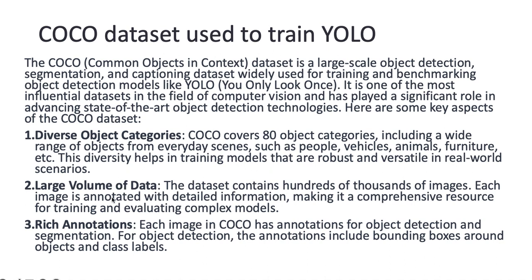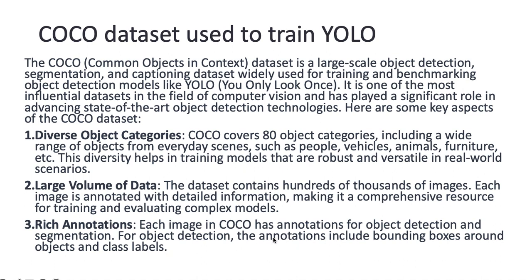Then it has a large volume. The dataset contains hundreds of thousands of images. Each image is annotated with detailed information, making it a comprehensive resource for training and evaluating complex models. Then rich annotations. Each image in COCO has annotations for object detection and segmentation.